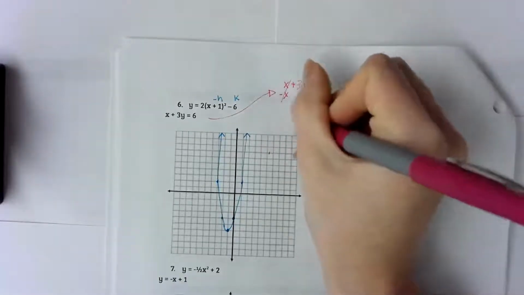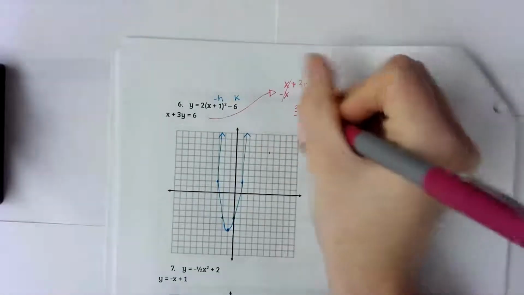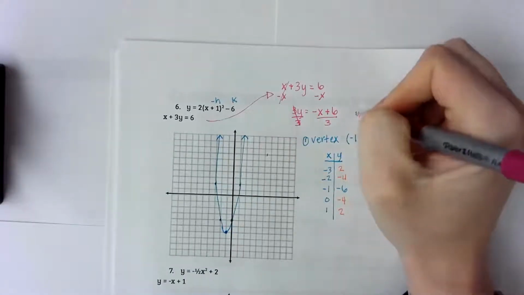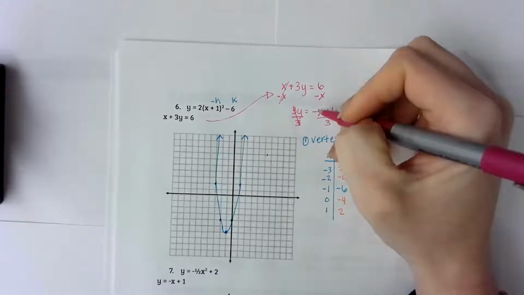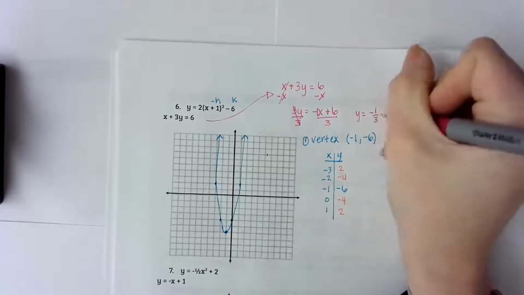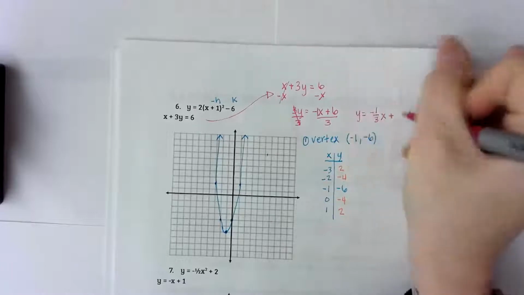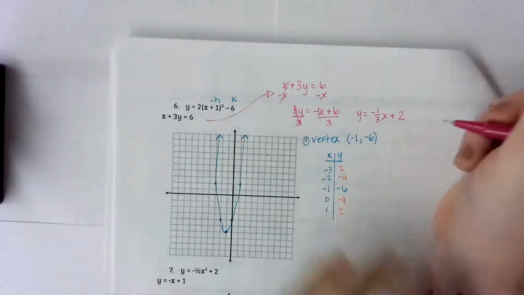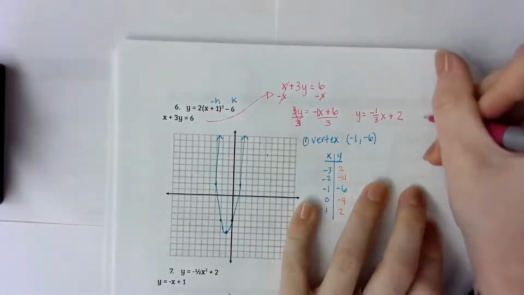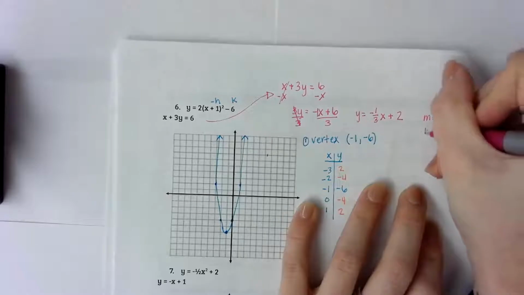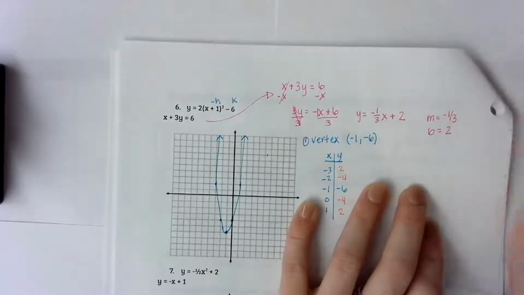And then I'll divide by 3. So that y equals, now there's that imaginary 1 right here. So negative 1/3 x plus 6 divided by 3 is 2. So that makes our m negative 1/3, and our b 2.